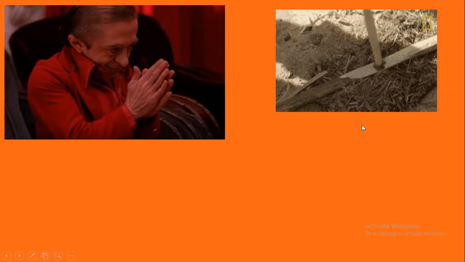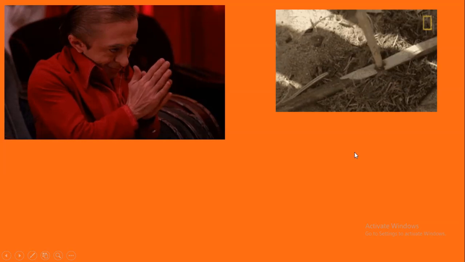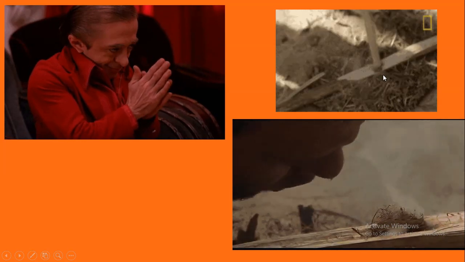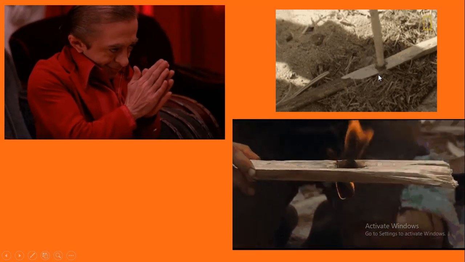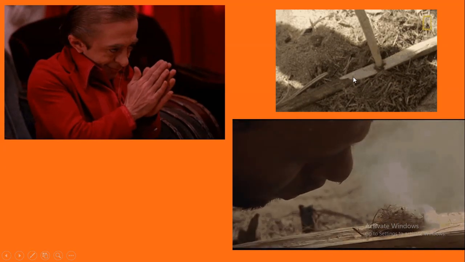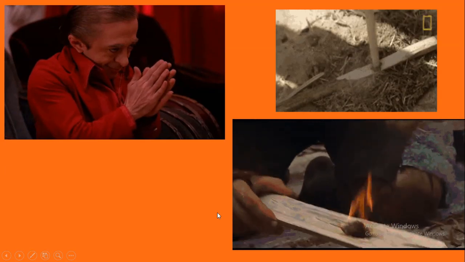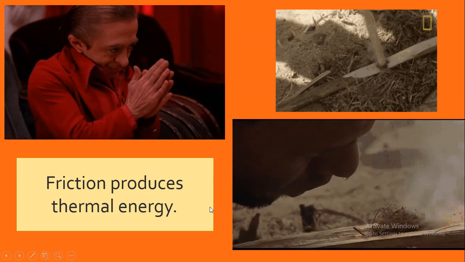This is how people used to make fire, by friction. See, they are rubbing wood against dry leaves or another piece of wood, and they will get thermal energy. So friction produces thermal energy.